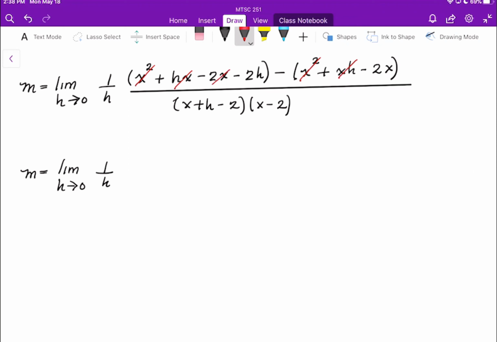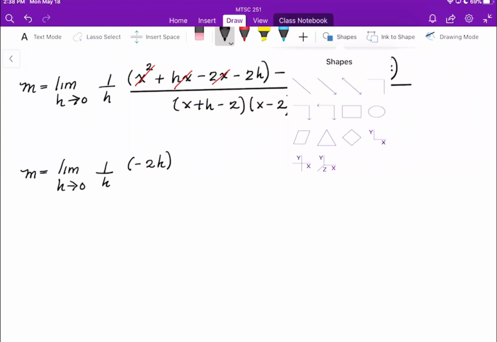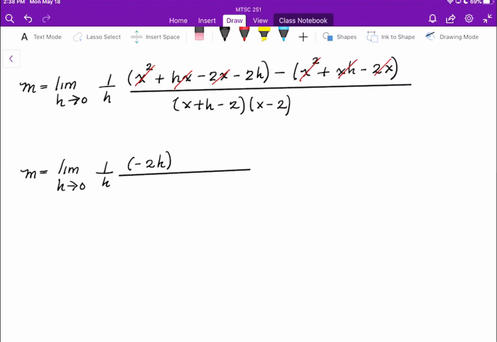And negative 2x is going to add to a negative, which gives me a positive 2x. And so the only thing that survives in the numerator is minus 2h. And then this is divided by x plus h minus 2 times x minus 2.